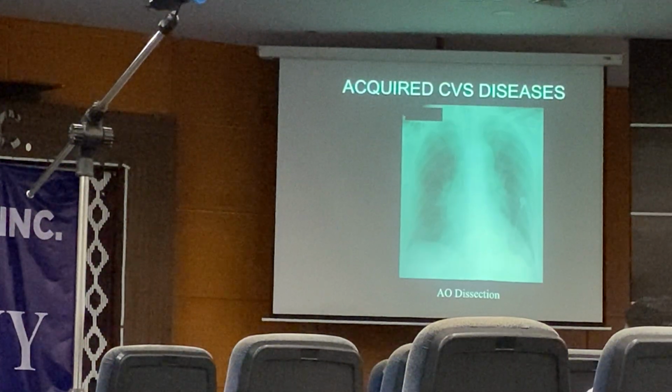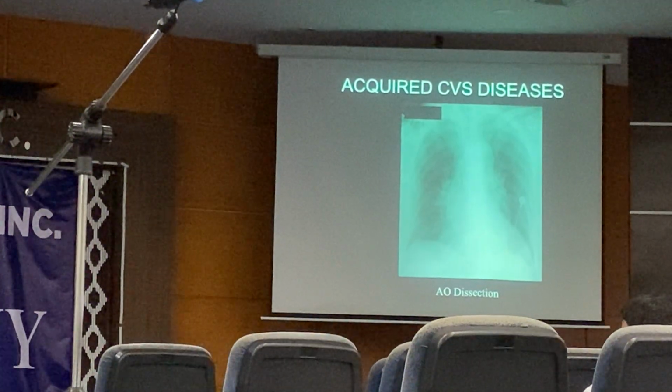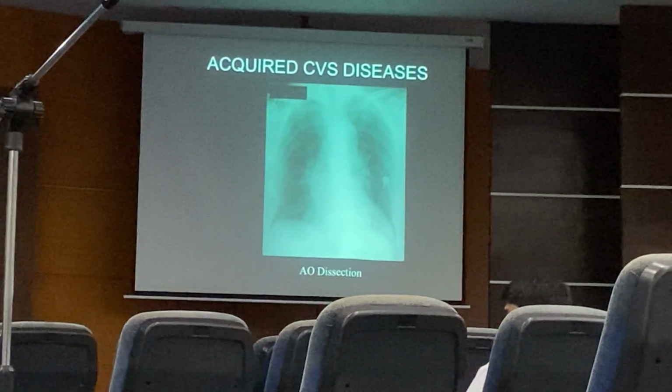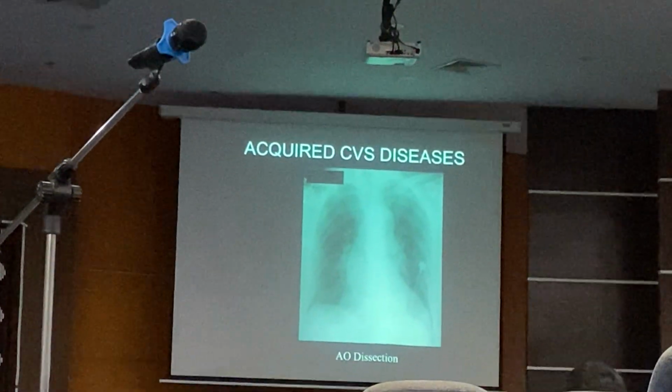So what are the most common symptoms for patients who have aortic dissection? Just chest pain, right? Severe chest pain. Patients are hypertensive. So do you see anything in chest radiogram? Not much. So what do you request?